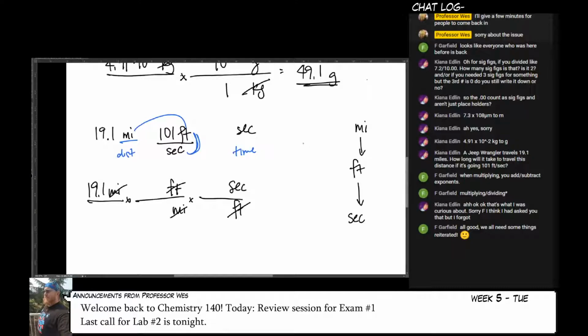And so the relationships here are, there's this many feet per mile, and we're going 101 feet every second. So we'll write those numbers in here. And there you go.